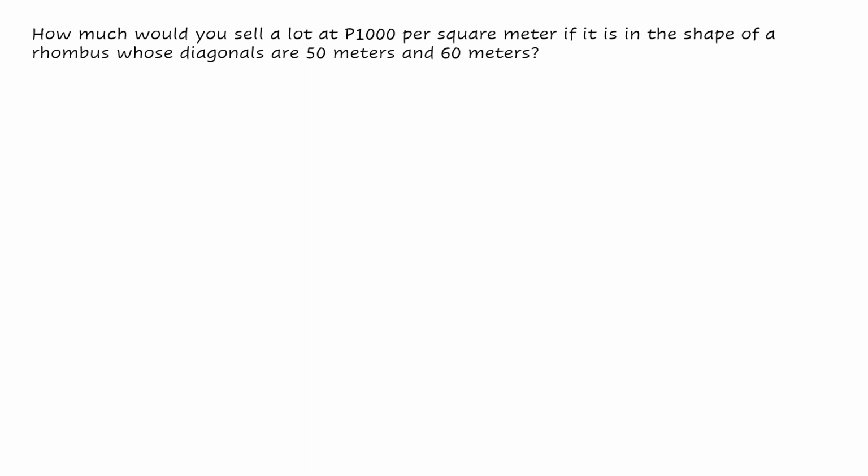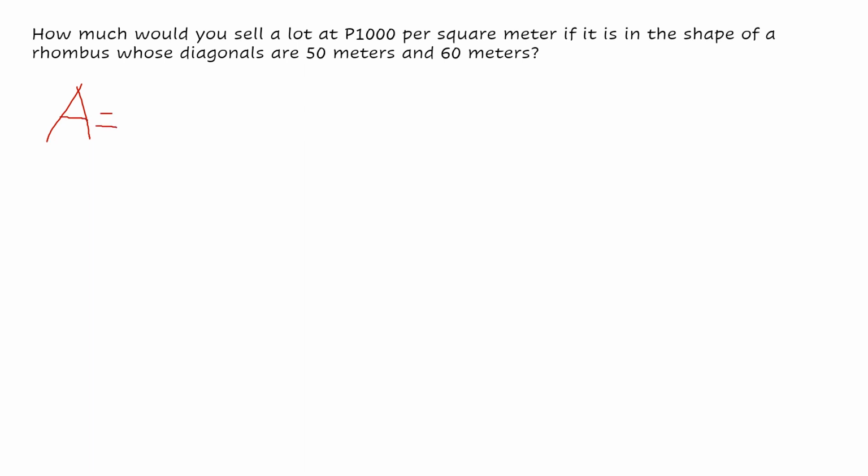Okay, next question. How much would you sell a lot at 1,000 pesos per square meter if it is in the shape of a rhombus whose diagonals are 50 meters and 60 meters? So from this, you need to get the area first of the rhombus.